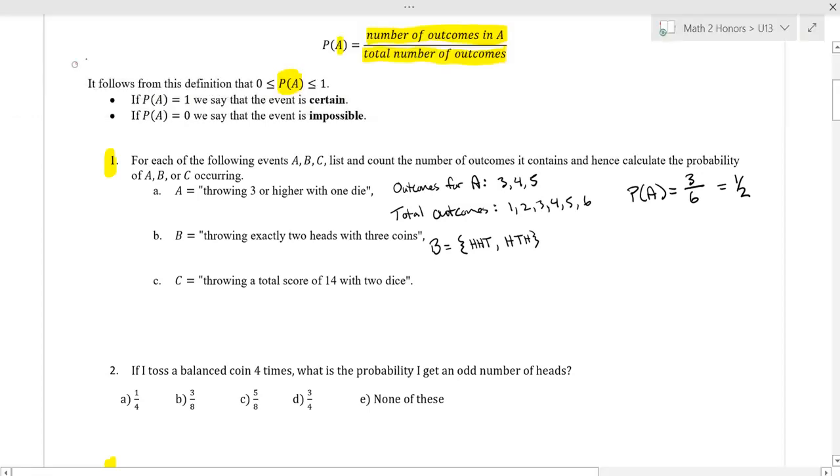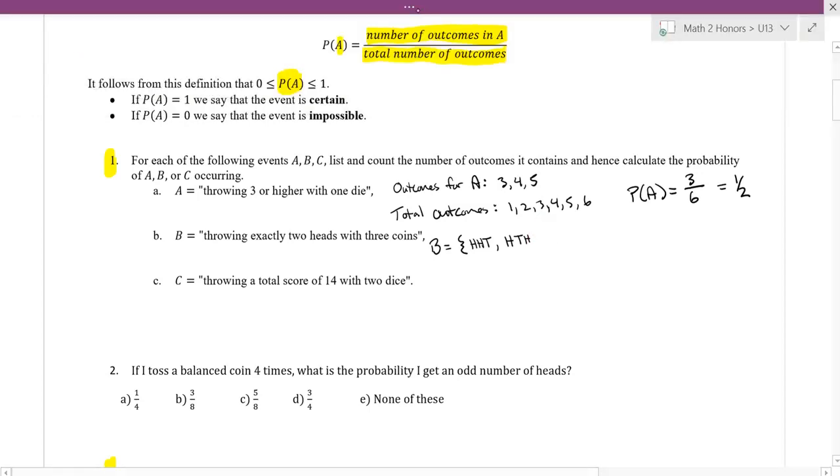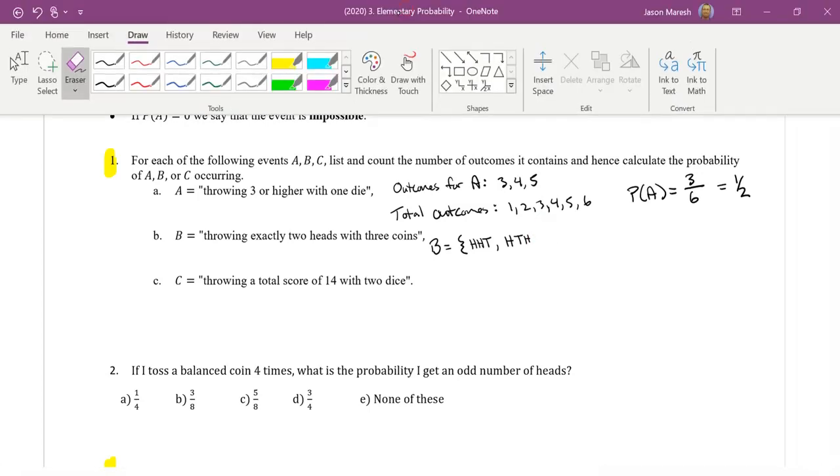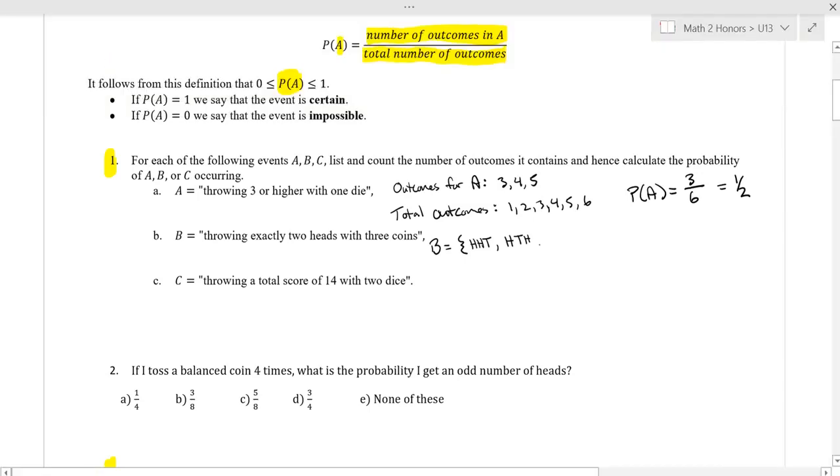There's one more case. Maybe you know what it is. That would be tails, heads, heads. So there's 3 outcomes for B.